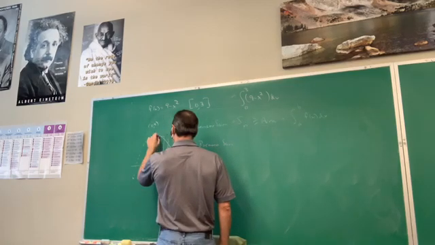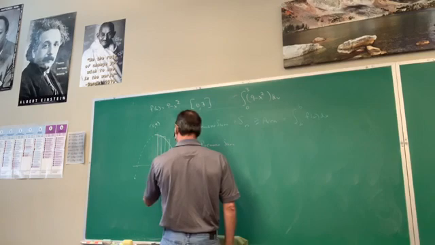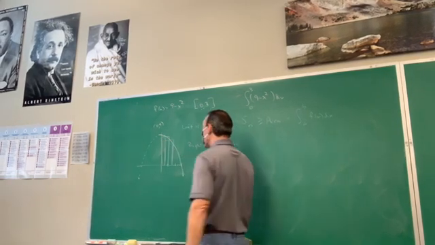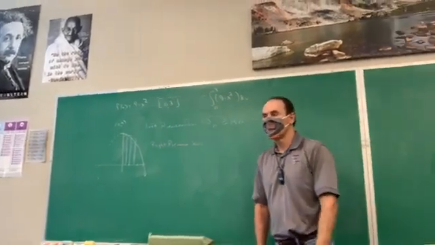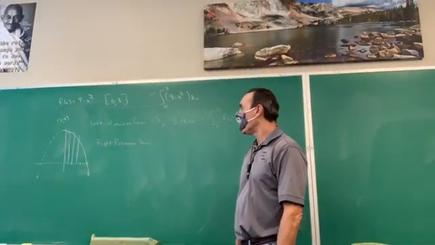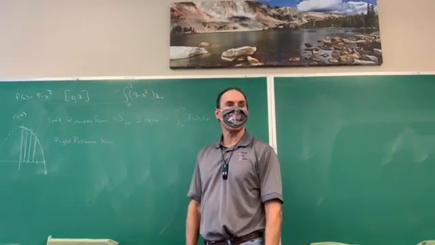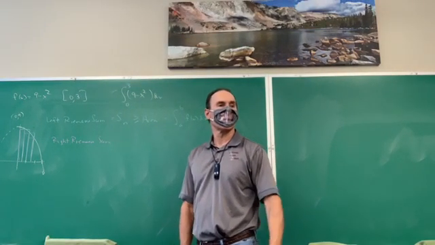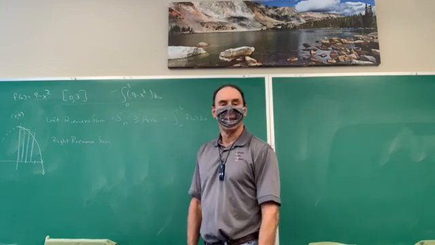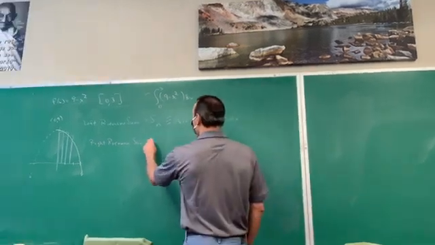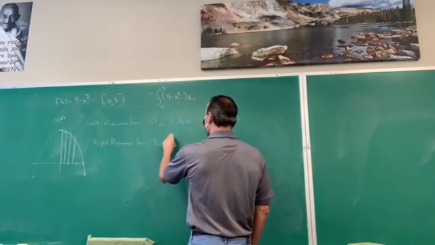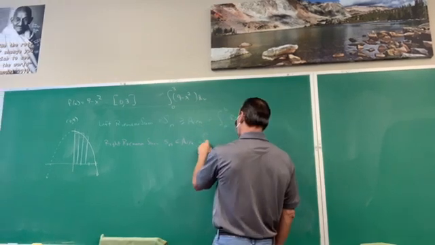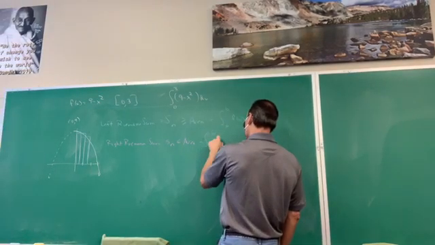So as we draw those, if we use the right side of the subinterval, the right side of that delta x, is that going to be an overestimate or an underestimate? If you could see it, Katie, would that be an overestimate or an underestimate? It's an underestimate. So I'm going to call that a little f sub n, and that's going to be less than or equal to the true area under the curve, which again is our integral from a to b of f of x dx.